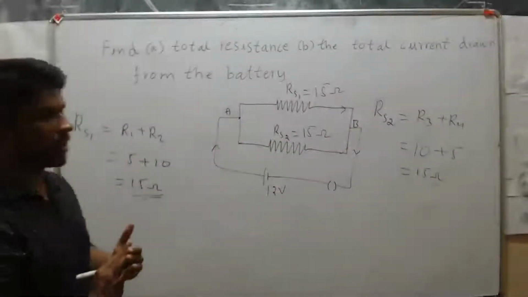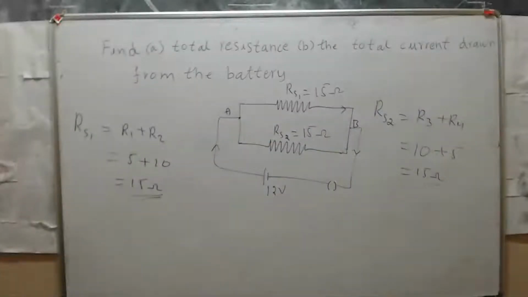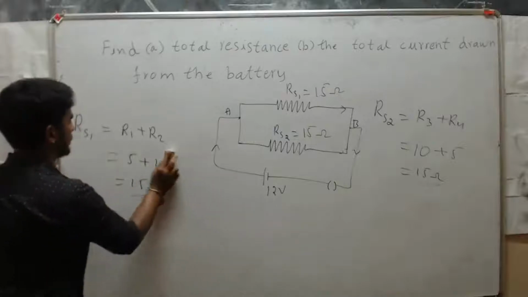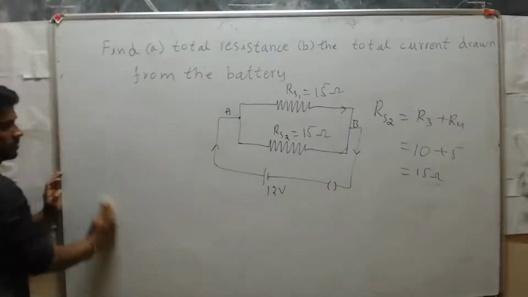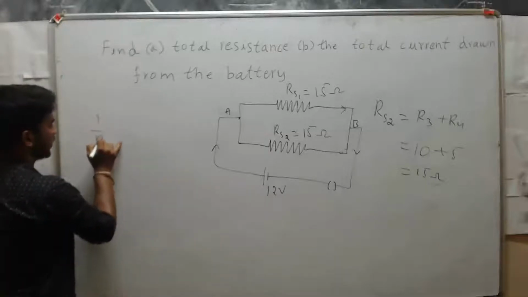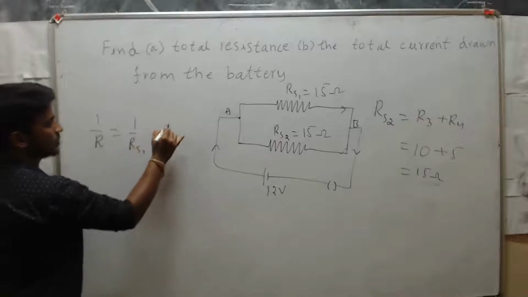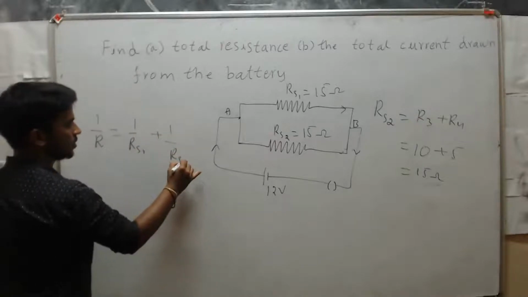Now these two are in parallel. So write 1 by R equal to 1 by RS1 plus 1 by RS2.